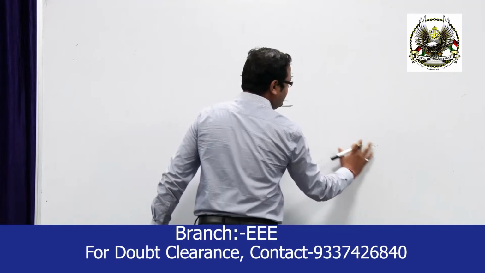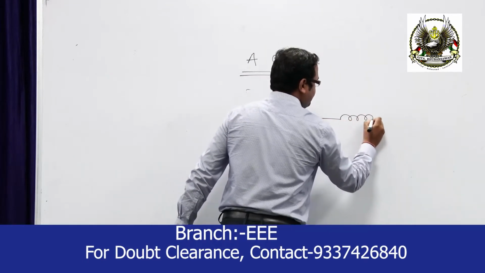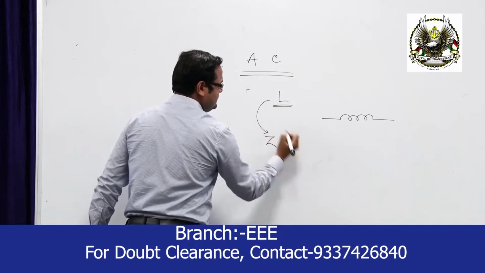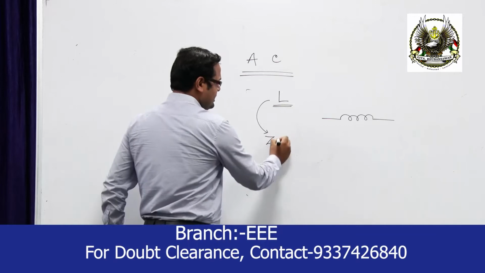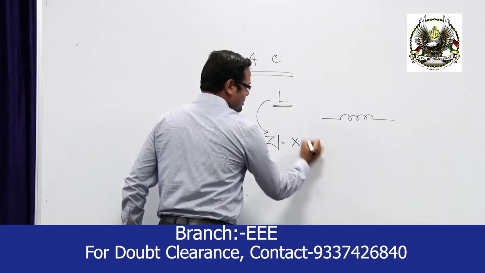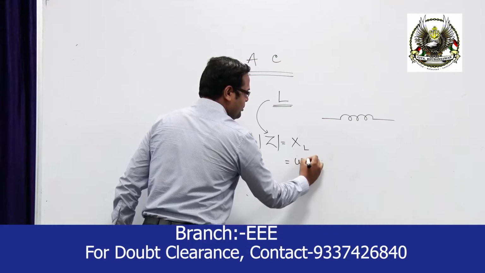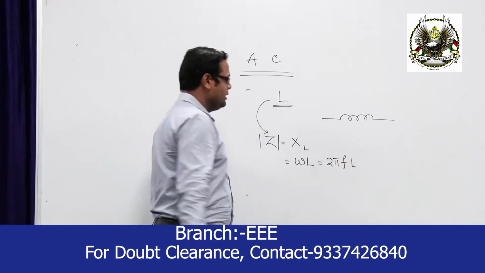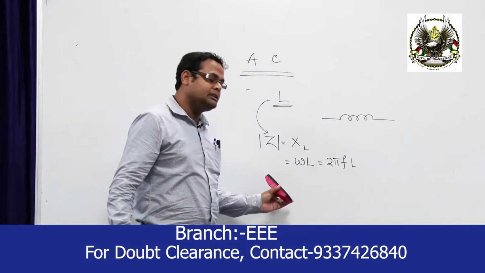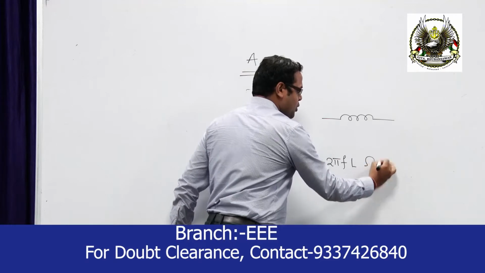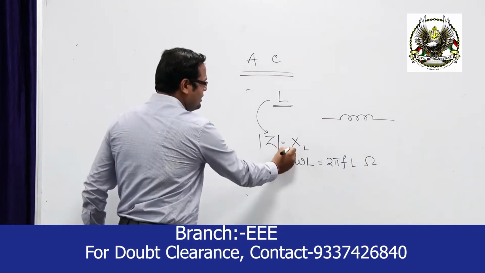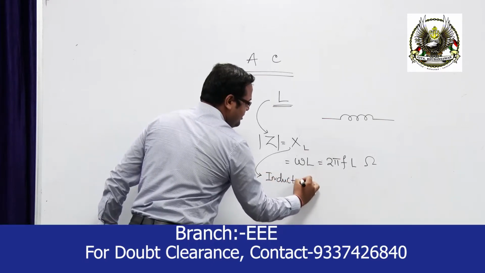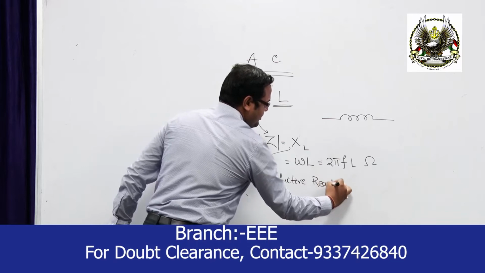In a purely inductive circuit, the magnitude of Z is equal to XL, which is nothing but omega into L, or 2 pi f into L, and the unit of this impedance, as you know, is always ohm. This XL is called your inductive reactance.